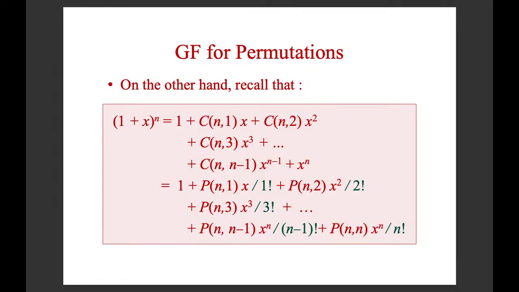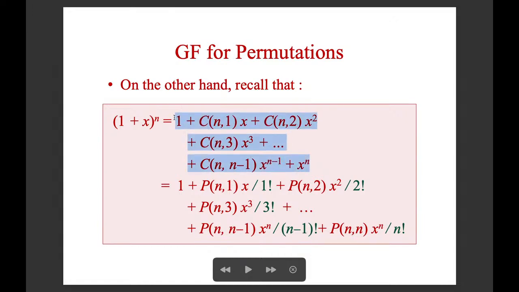But luckily, we will see something interesting here. The first part is the generating function for the C(n,r) terms, but C(n,r) is related to P(n,r) terms. So P(n,1), when divided by 1 factorial, gives C(n,1), and P(n,2), when divided by 2 factorial, gives C(n,2), and so on and so forth.